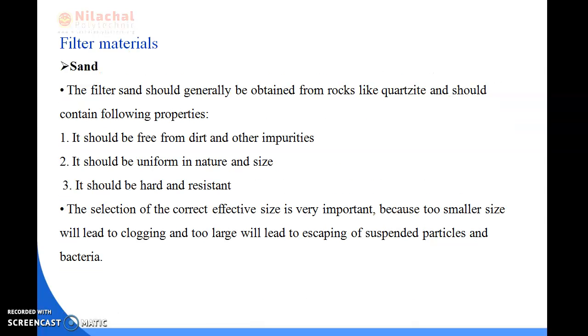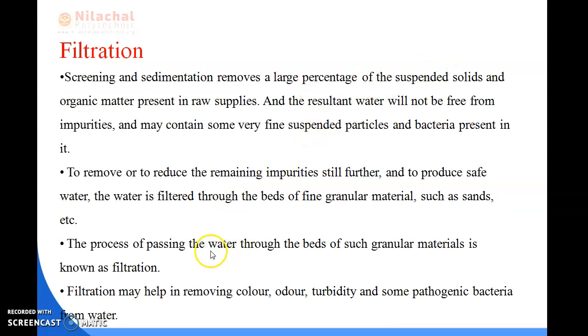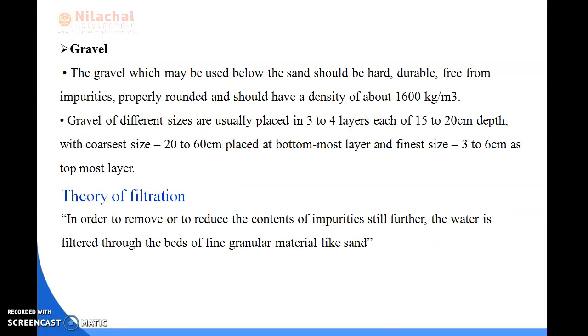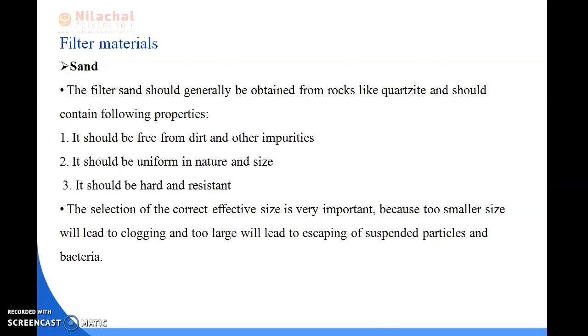Next, what are the filter materials? I have already shown it here. The process of passing the water through beds of such granular materials is known as filtration. So the filter materials are sand and gravel. The filter sand should generally be obtained from rocks such as quartzite and should have the following properties.